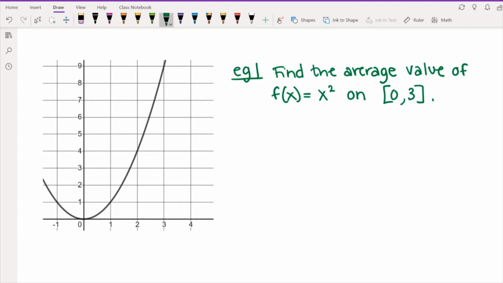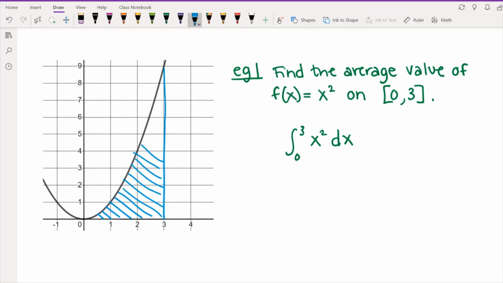So how do we do this? Well, we want to take the integral from 0 to 3 of x squared, and that will give us the total area. Then we're going to divide that by 3, and that will tell us on average what the height is of this portion of the graph.